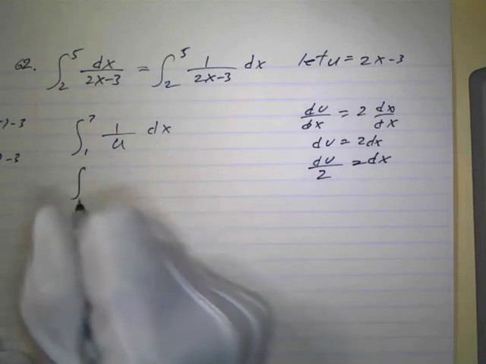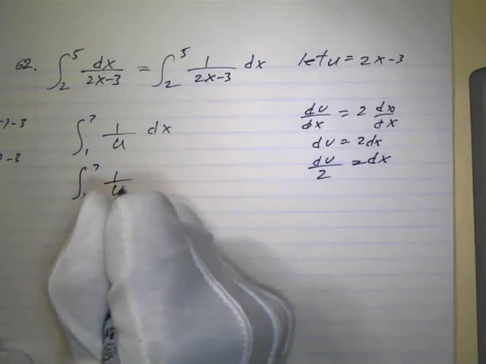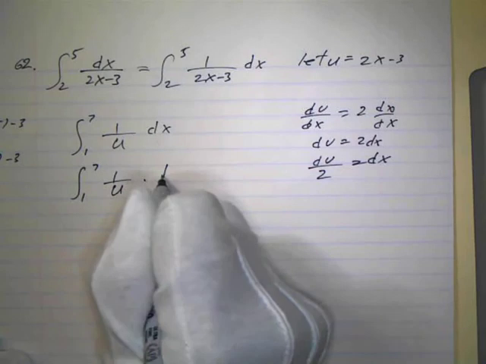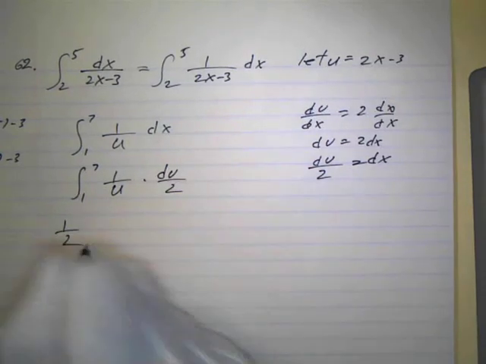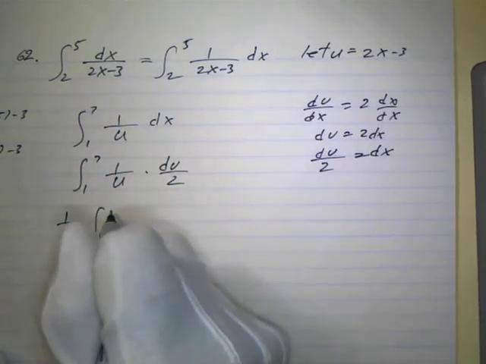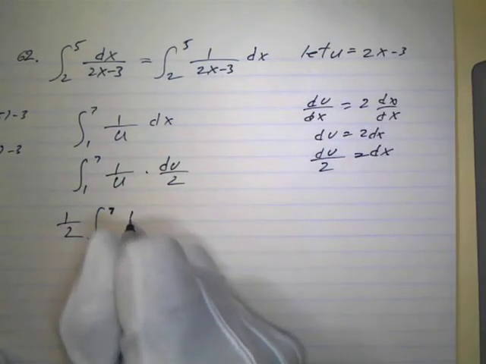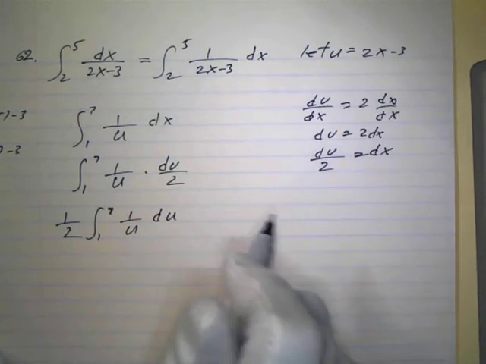So now I've got the integral from 1 to 7 of 1 over u times du over 2, and bring that out as 1/2. So I have 1/2 times the integral from 1 to 7 of 1 over u du. And that's just my nice natural log form.